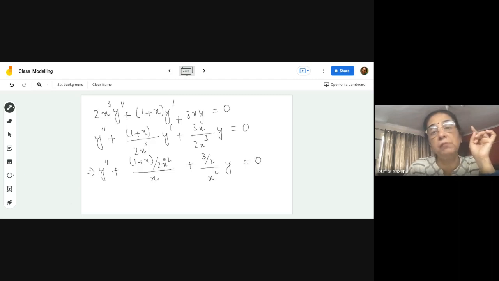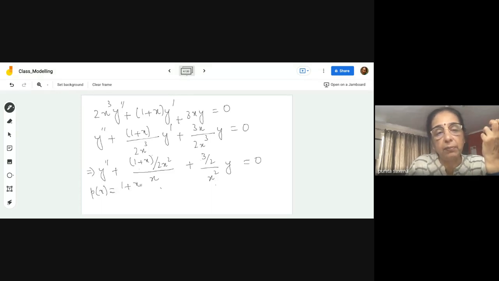Mind you, they are small p's and small q's, not capital P and capital Q. There is a difference between the two. So that is why we write it as small p upon x, small q upon x square. Now, from here, I get that my p(x) is (1 plus x) upon 2x square and my q(x) is 3 by 2.